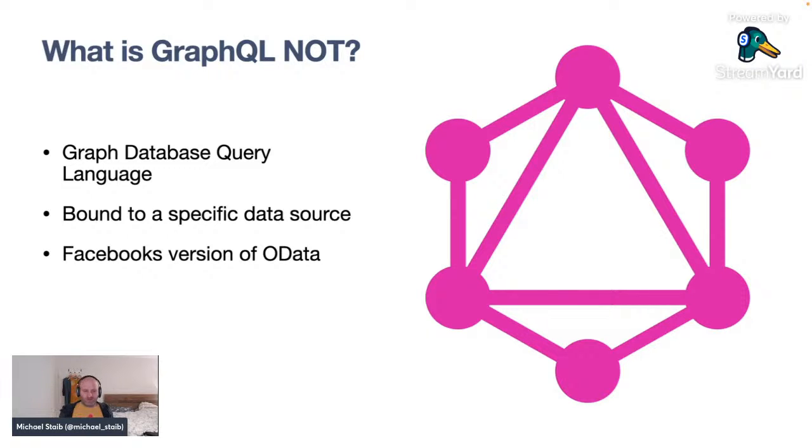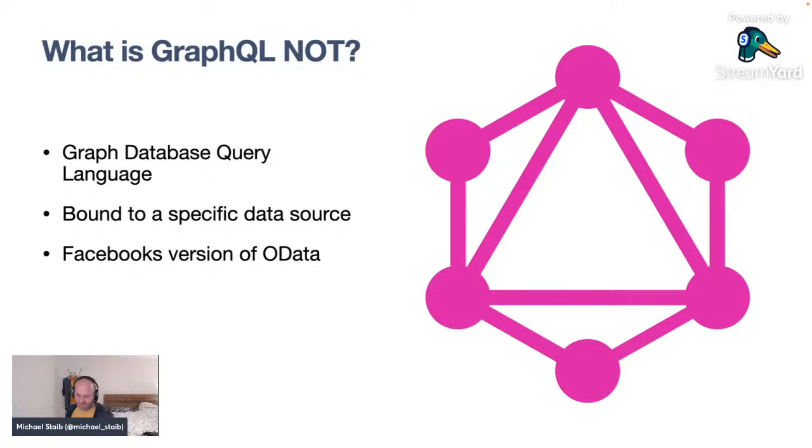Also, GraphQL is not Facebook's version of OData. There are a lot of differences between OData and GraphQL. The main aspect here you should take is OData was created in the sense from the database up. We had this RIA services back then over WCF, if you remember that.